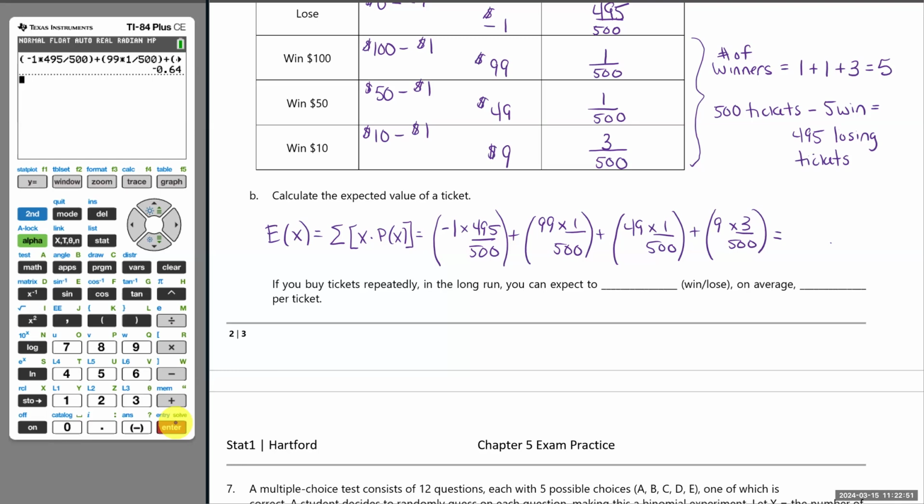All right, I'm getting negative 0.64. And that, again, we're going to get those units back, represents dollars.